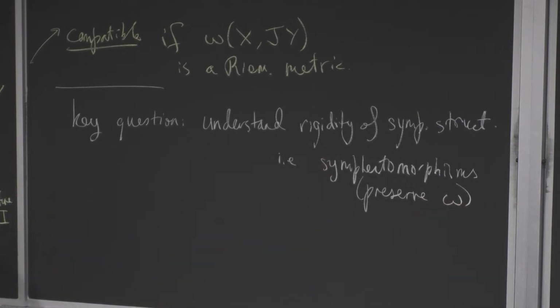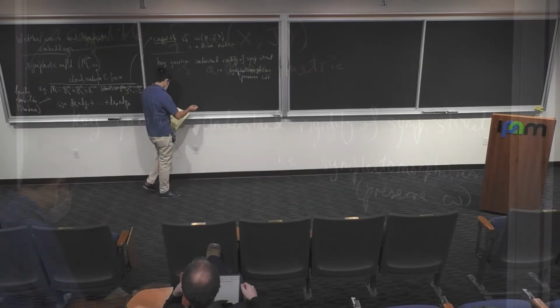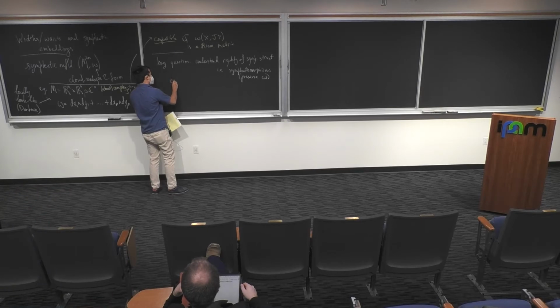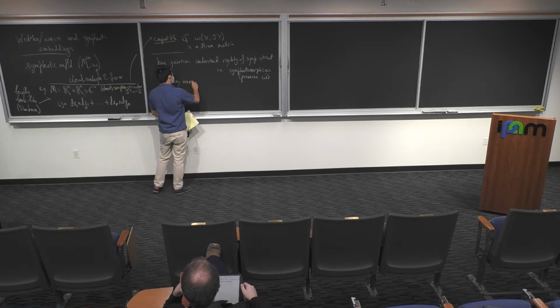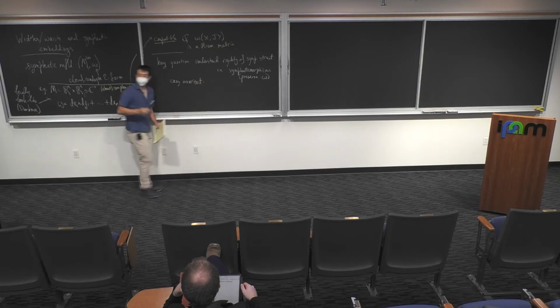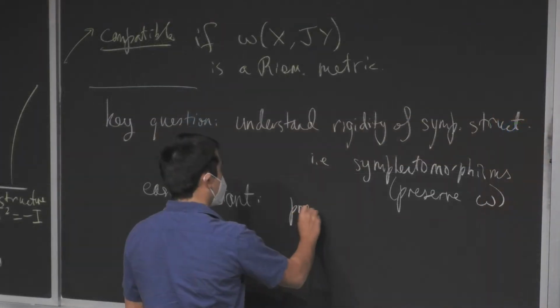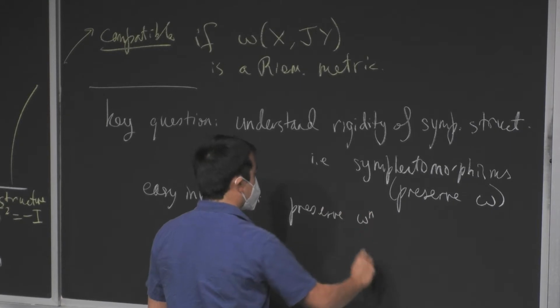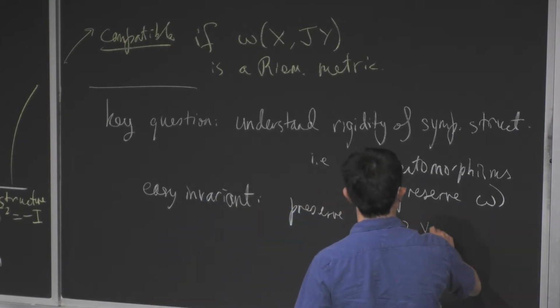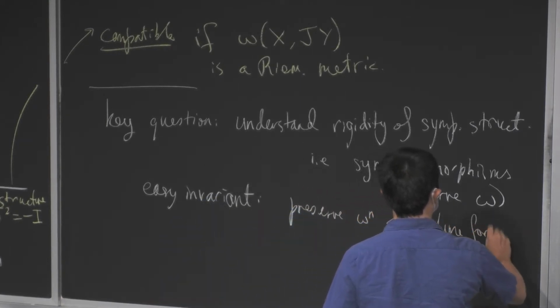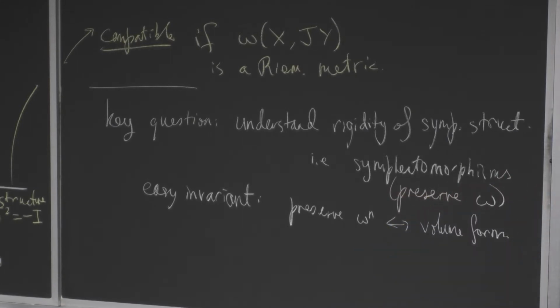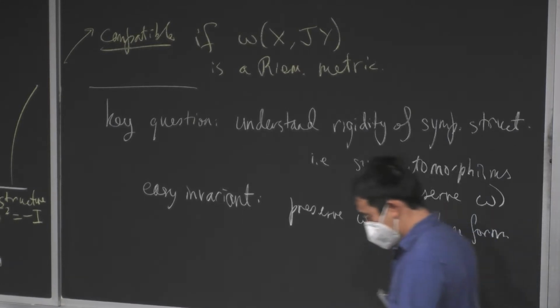Again, I think these are well known, but just as a bit of review, there are easy invariants. If you preserve omega, then certainly you preserve the n-fold wedge product. So certainly you have to preserve omega^n, and this essentially is just the volume form. So if you preserve the symplectic structure, certainly you preserve volume.